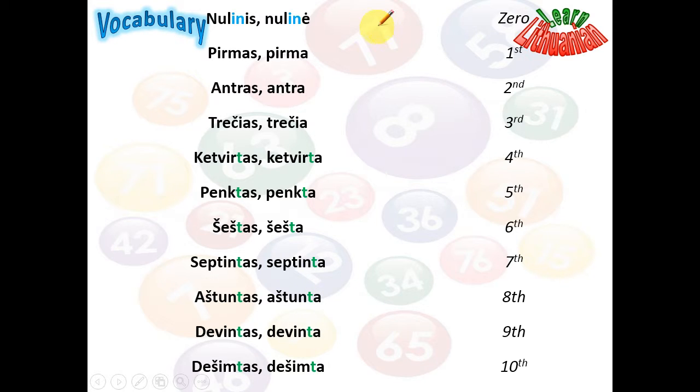So let's start. Pirmas, pirma. Antras, antra. Trečias, trečia. Ketvirtas, ketvirta. Penktas, penkta.